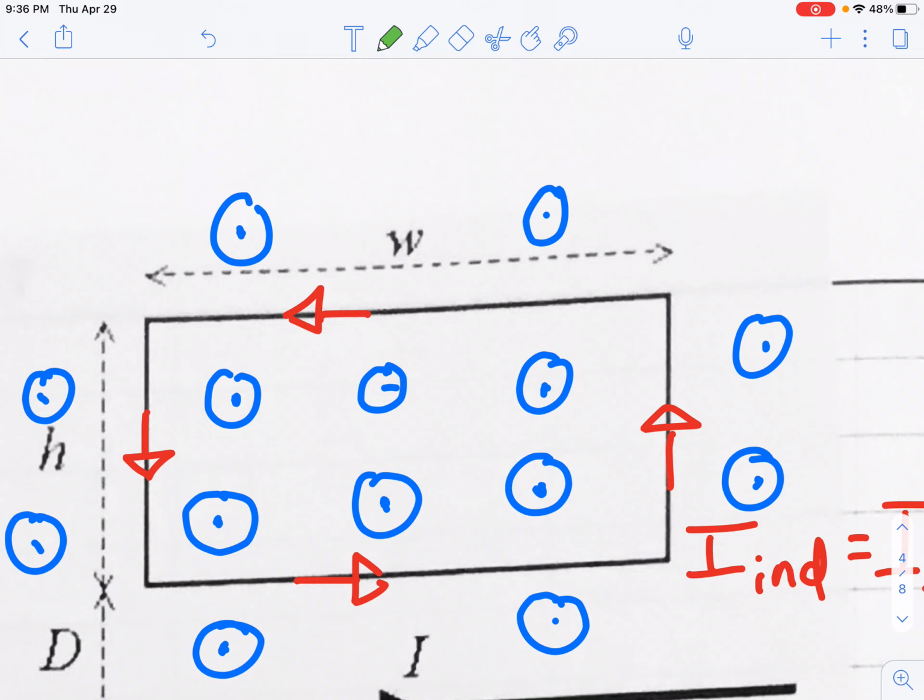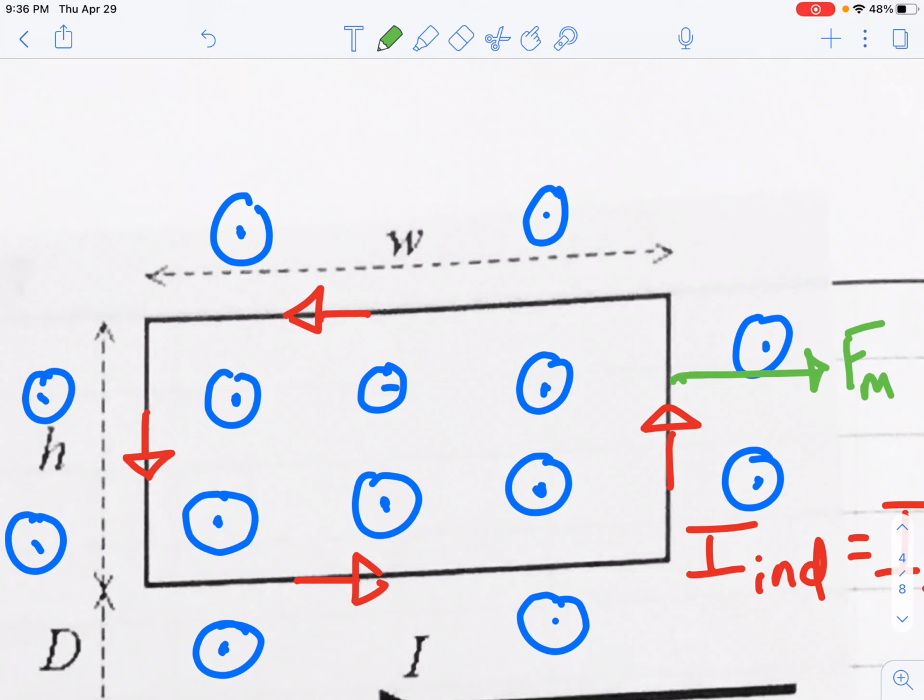So on the right side, point your fingers up, curl your fingers out of the page, your thumb will point to the right. So that's the magnetic force on the right side of the loop.